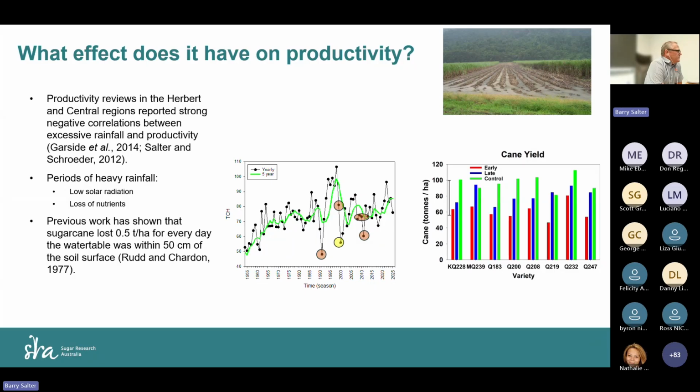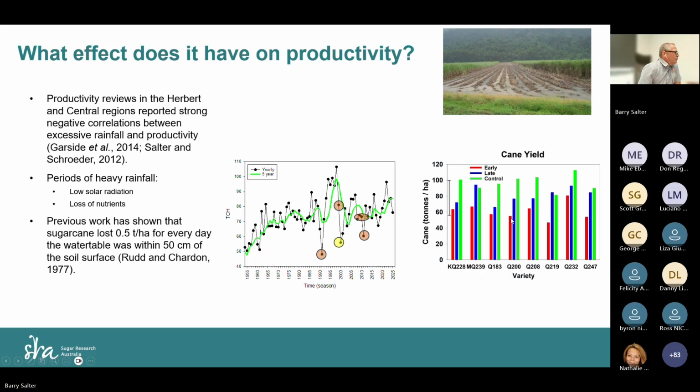And you can see there we've got a control, which is not waterlogged, versus an early waterlogging treatment where we waterlogged plots in the trial for basically a month in January. And then the late treatment is where we waterlogged plots in that trial roughly from the end of February through March. And you can see the significant effect that had on these varieties.